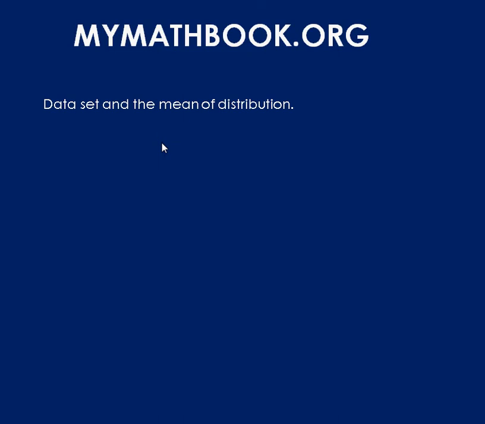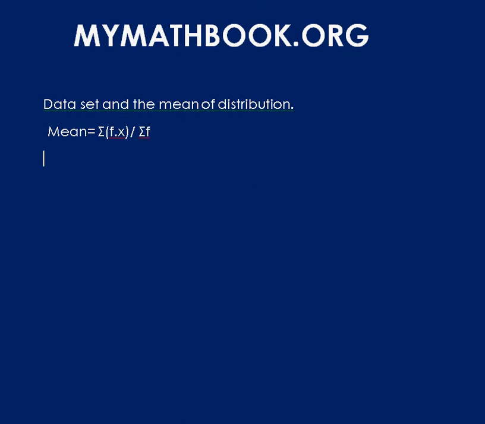In this tutorial we're going to take a look at a data set and the mean of a distribution. I want us to define a few things here. First, when we give you the mean of a data set, it's in the form of sigma f times x, divided by the same sigma f.